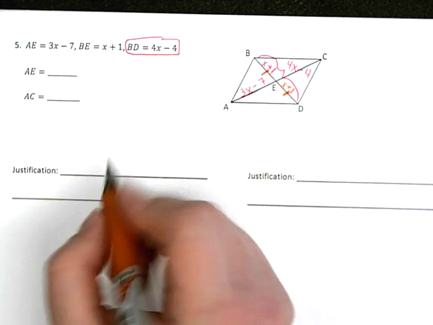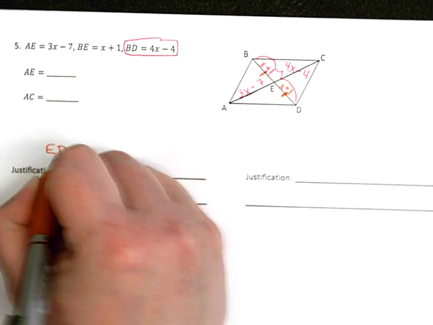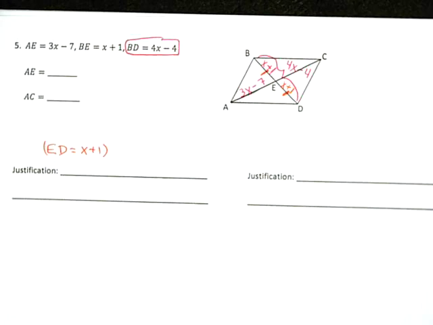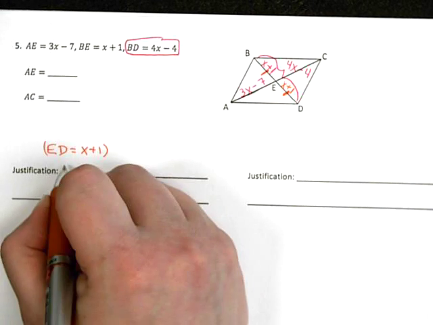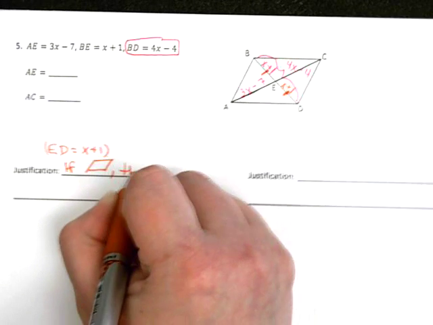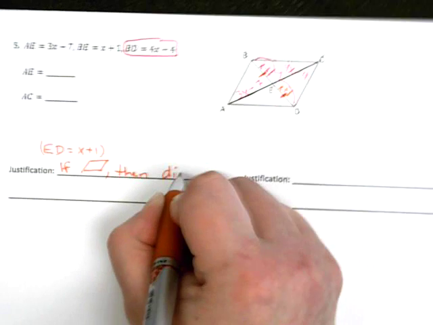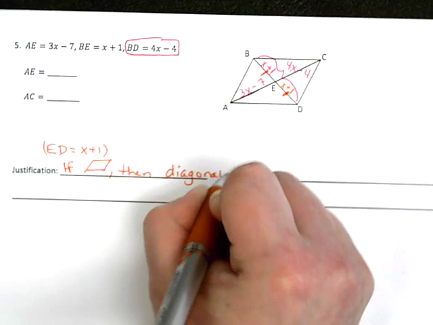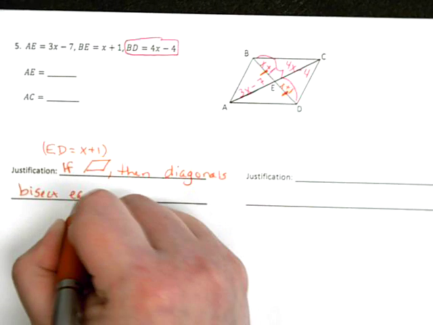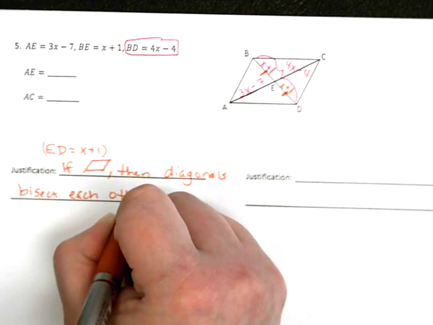So my first justification, I was able to say that ED equals x plus 1. So I'm going to write that up here. And the reason I was able to write that is because if I have a parallelogram, then diagonals bisect each other. Right?